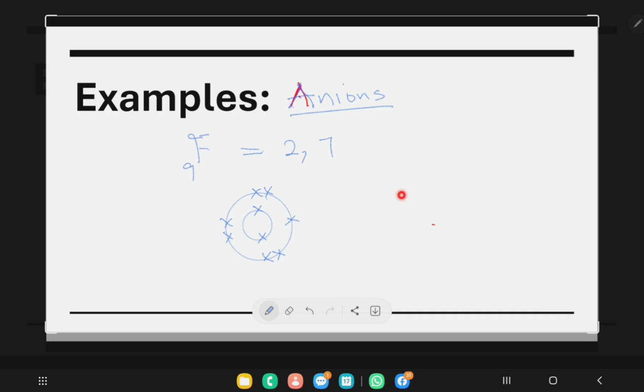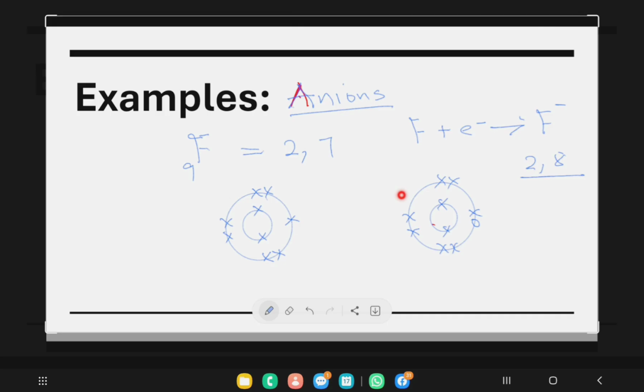When fluorine ionizes by gain of an electron, it gives us the fluoride ion, F-, with a charge of minus 1. This fluoride ion will now have 2, 8 as the atomic structure, which can be represented in circular form as this, with the one electron that was gained.